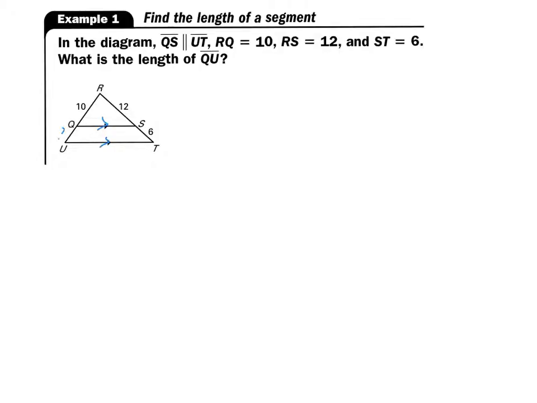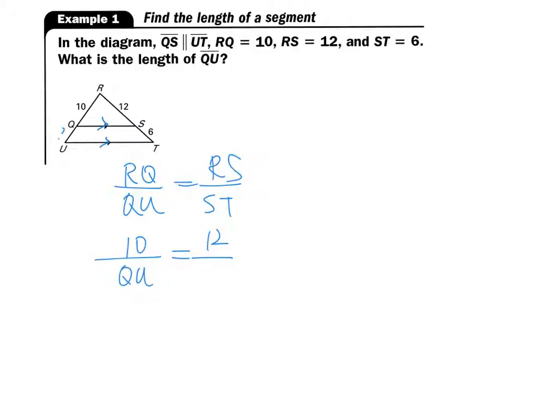By the triangle proportionality theorem, RQ over QU has to equal RS over ST on this side. Then if we substitute what we already know and use the cross products property, I will have 60 equals 12 times QU. My QU would be 5.